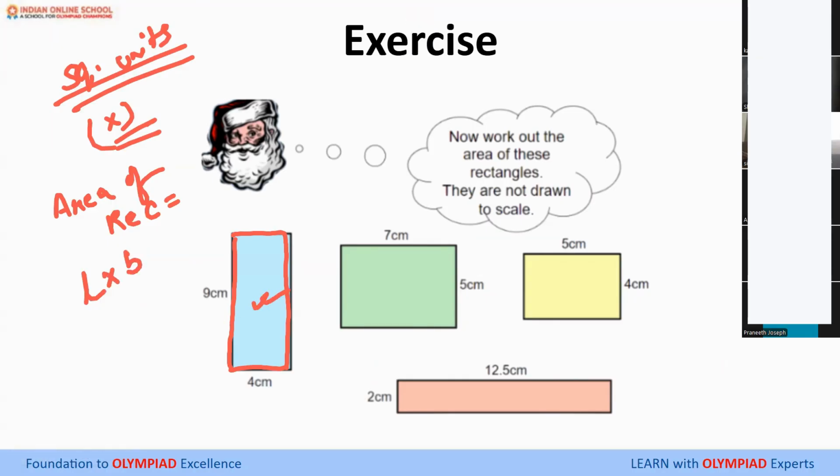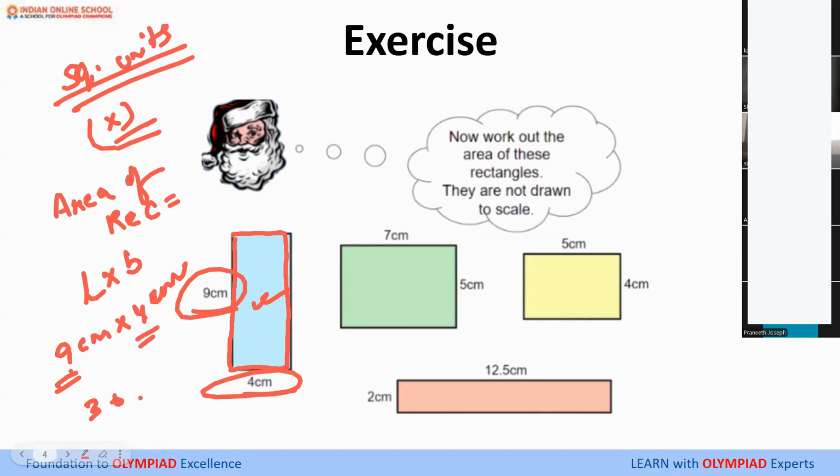If I have to find the area of this, I have to multiply 9 centimeter by 4 centimeter. When I multiply, I don't just multiply the numbers, 9 times 4, 36. I also multiply the unit along. Centimeter times centimeter. That is why centimeter square.